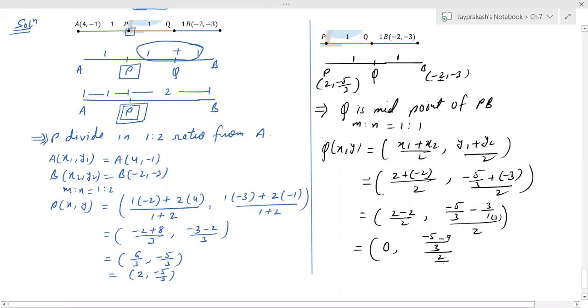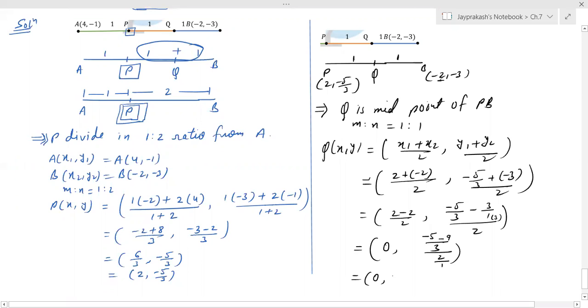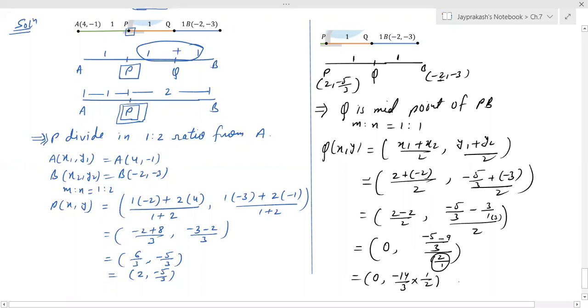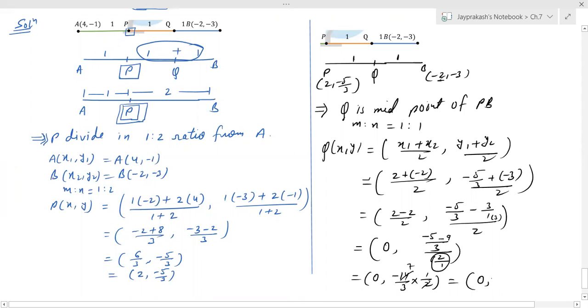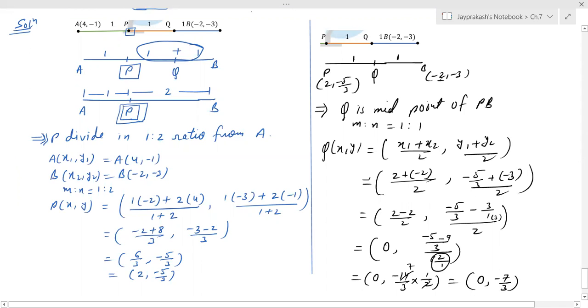So we can also write 2 as 2 by 1. Why are we writing it? Because when we write this as minus 5 plus minus 9, so minus minus 14 by 3, and this 2 upon 1 can be written as 1 by 2. So we have the coordinate 0, 2 1s are 2, 7s are minus 7 by 3.